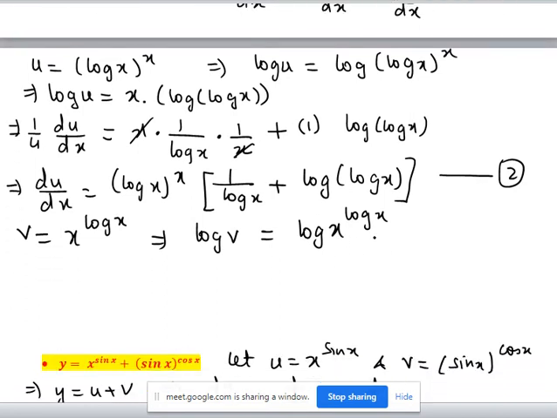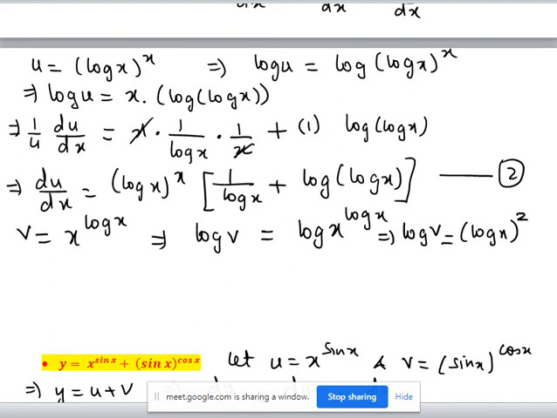So we can write this equation as log v is equal to, see this log x will come in front, log x, but then the second function is also log x. So we can write it as (log x) whole square.